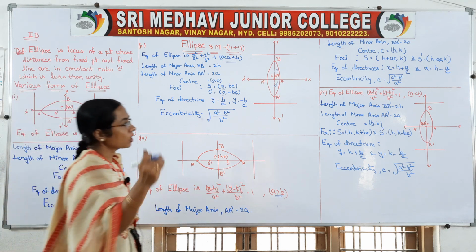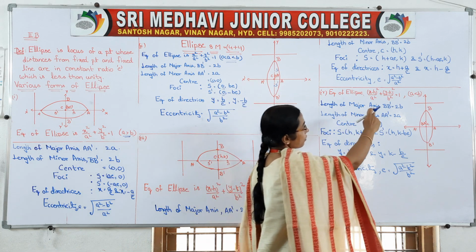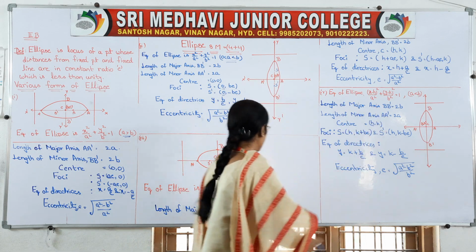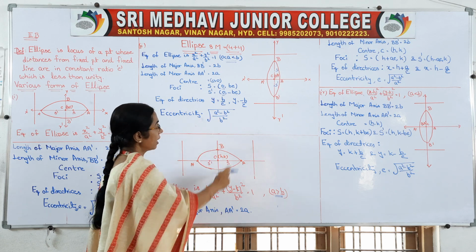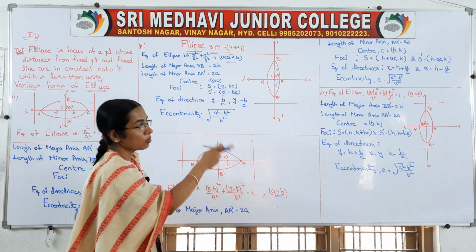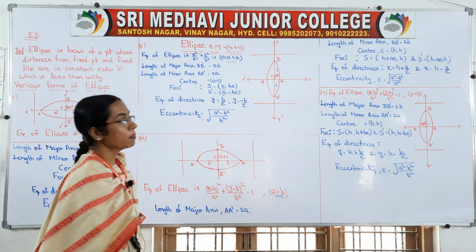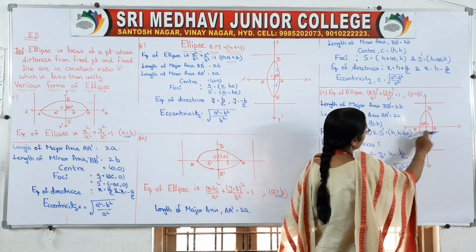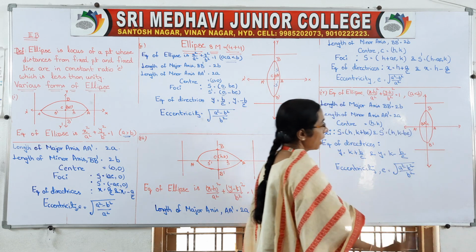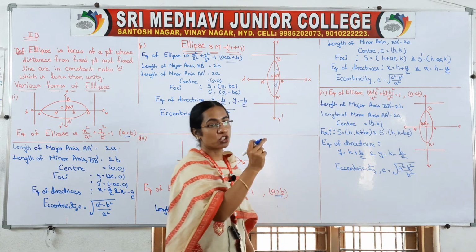Same thing here: if a is less than b, earlier the major axis was A dash and the minor axis was B dash. Now the major axis is B dash, that is 2b, and the length of the minor axis is A dash, that is 2a, and the center is (h, k).